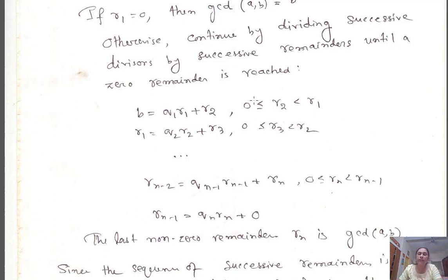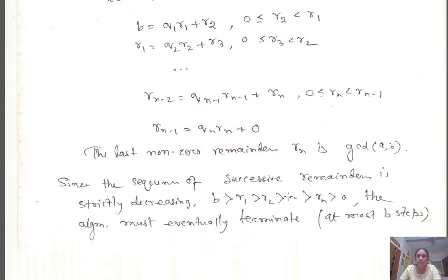After a finite number of steps, this sequence of remainders is a strictly decreasing sequence of positive integers, so it must terminate: B greater than or equal to R1, greater than R2, greater than Rn, all greater than 0.